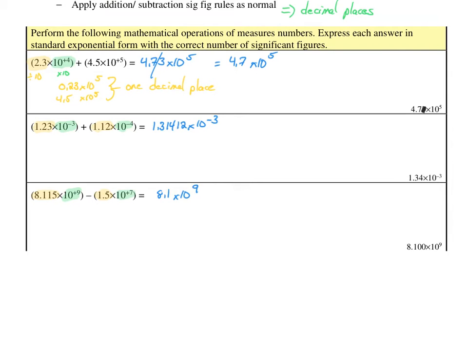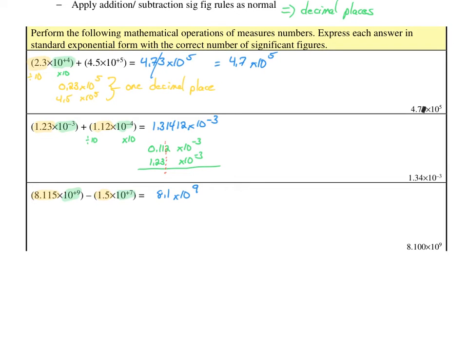So in order to accomplish that, we're going to have to multiply this exponential times 10. Again, we cannot change the overall numerical value of this, so we need to divide the other half of that number by 10.